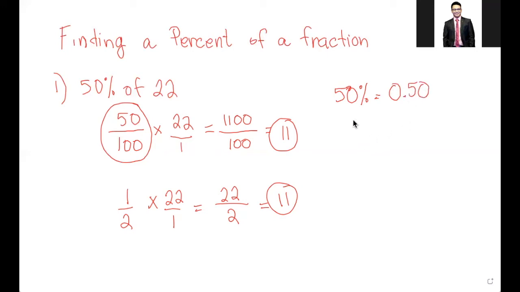Okay? So we just multiply 0.50 or 0.5 times 22. And by solving this, you will also get 11 as your answer. So it means that 50% of 22 is 11.